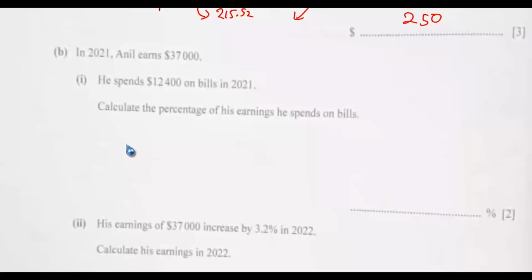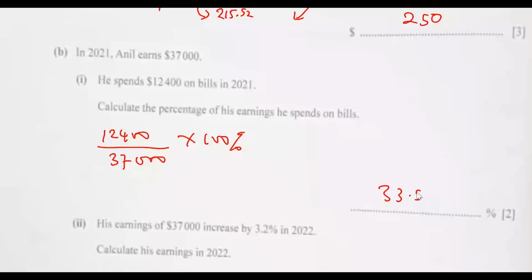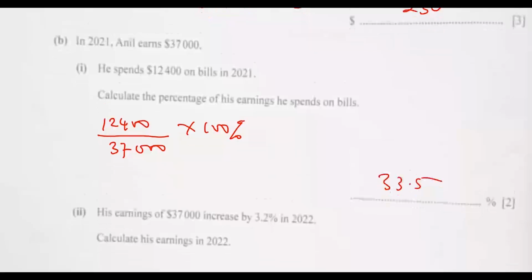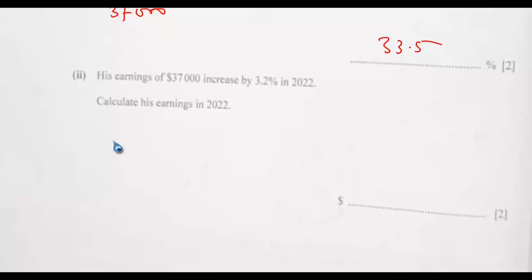So the percentage of his earnings he spends on bills will be the amount he spends on the bills, that is 12,400 over his earnings, that will be 37,000, then times 100%. If you do this, you will get 33.5%. So let's scroll down for the Roman figure 2.